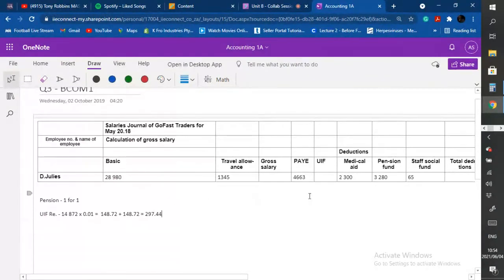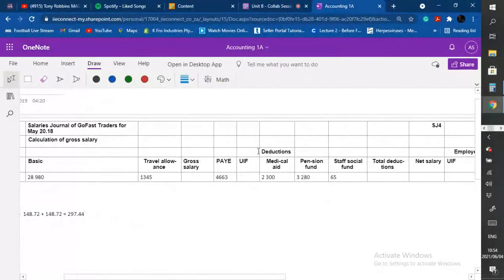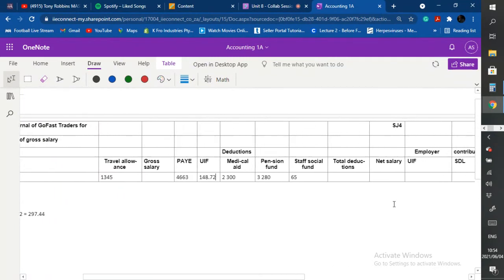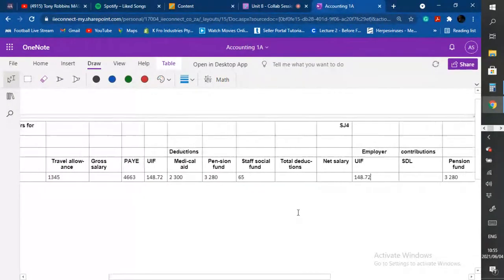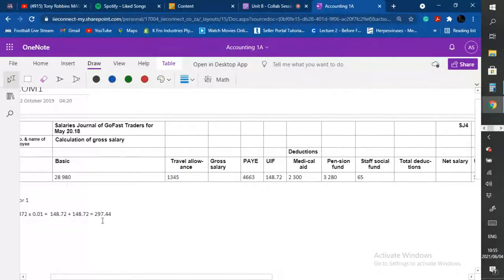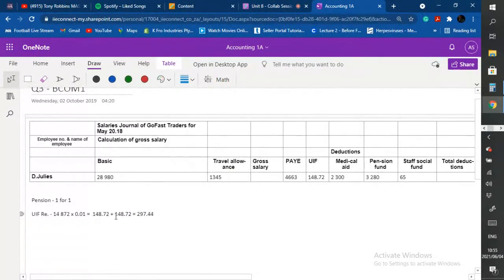Here you can see we've got the deductions, the deductions that come off your salary as the employee. So 148.72 over here, and for the employer, we're going to put 148.72 over there. I actually didn't need to calculate this here, but it's okay, no problems.